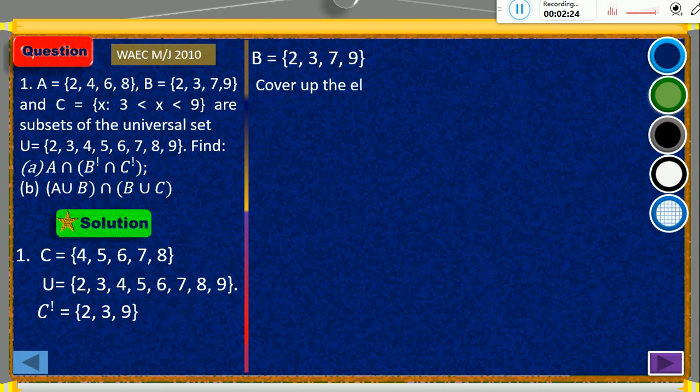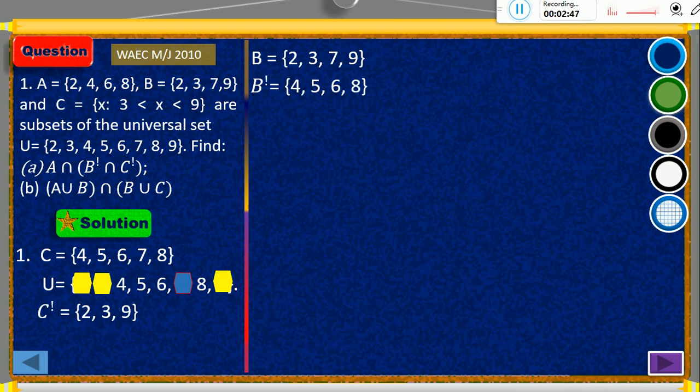To find the complement of B, applying the same technique, cover up the elements in U which are also in B. These are the elements, and 9. The elements that are left are 4, 5, 6, and 8.